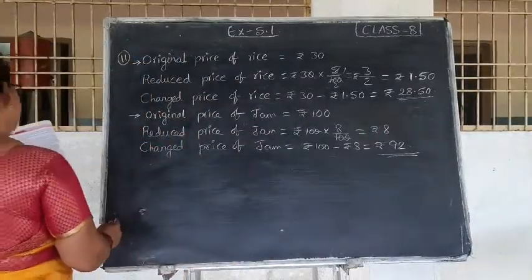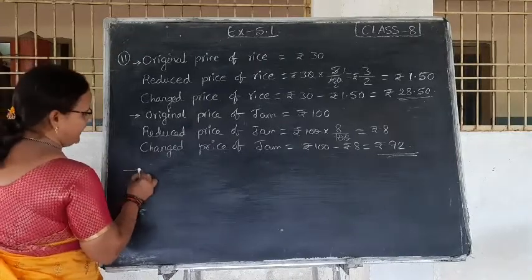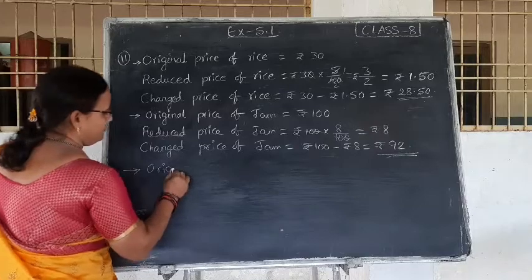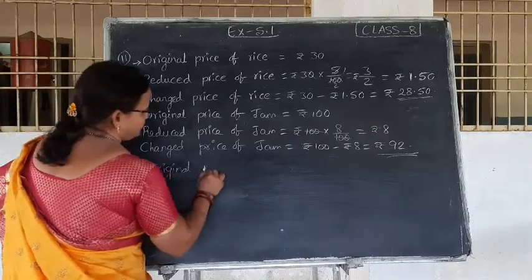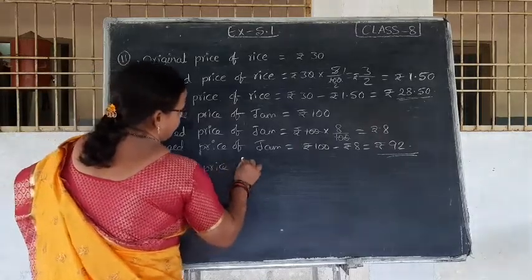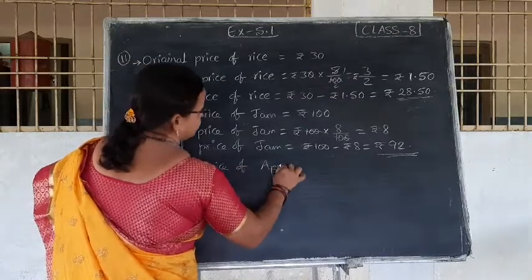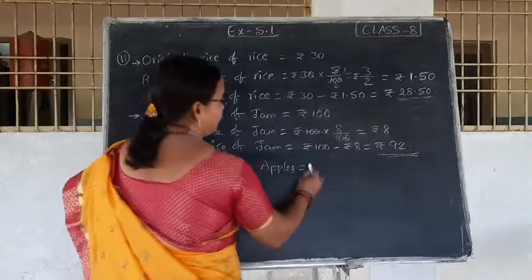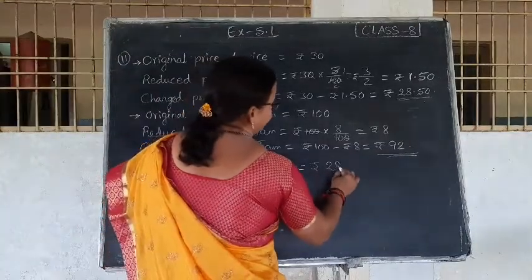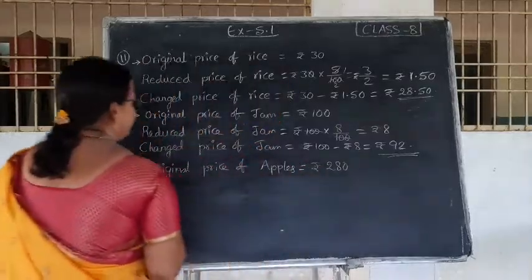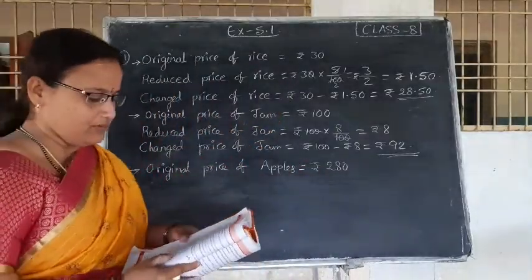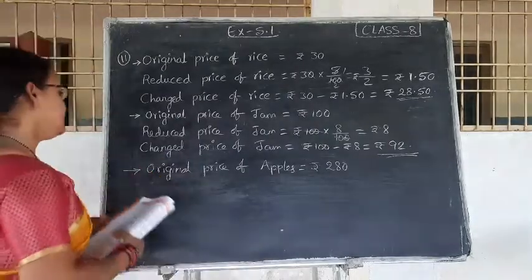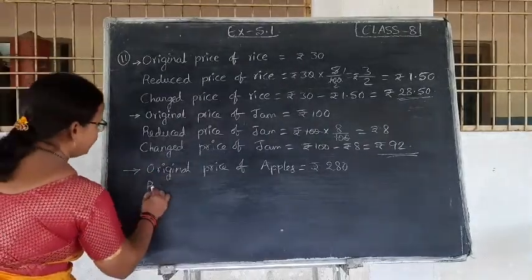Okay, and the third one is apples. So what is the original cost of apples? 280 rupees, maybe for a dozen or something. Already in the given problem, jam and fruits both are reduced by 8%. So apples, being fruits, are reduced by 8%.